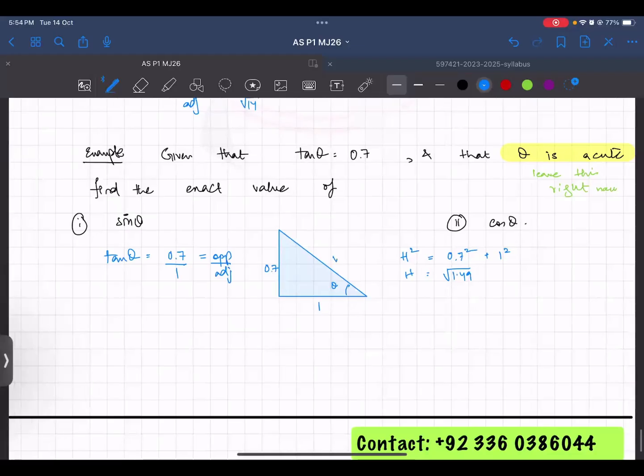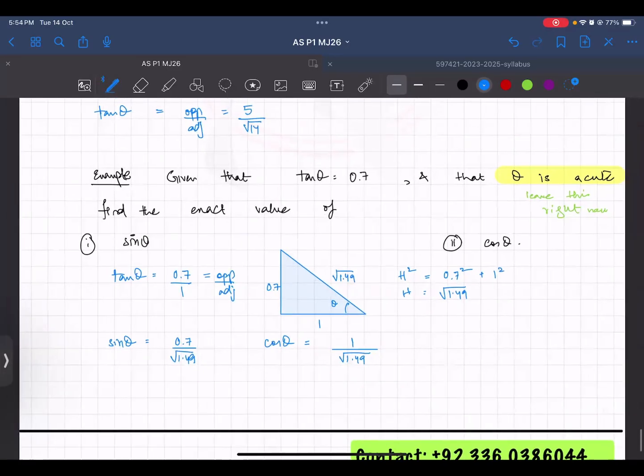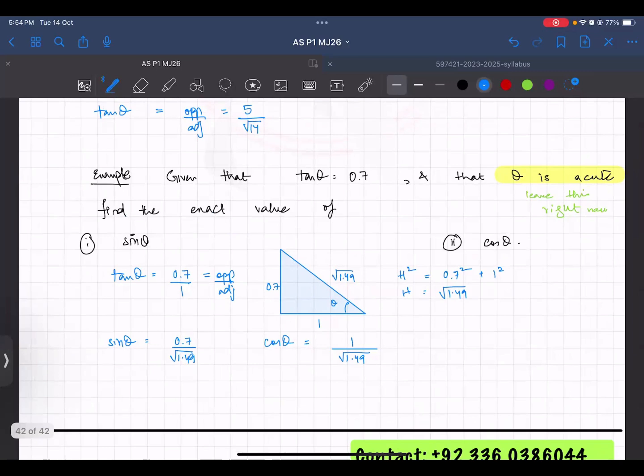So now we know the hypotenuse as well. And now we can easily find the sine theta. Sine theta is opposite upon hypotenuse. And cos theta is adjacent upon hypotenuse. These are the two solutions that they were asking you. And this is how you can relate whatever trigonometric ratio value is given to you with the right angle triangle, and then you can find the others as well.